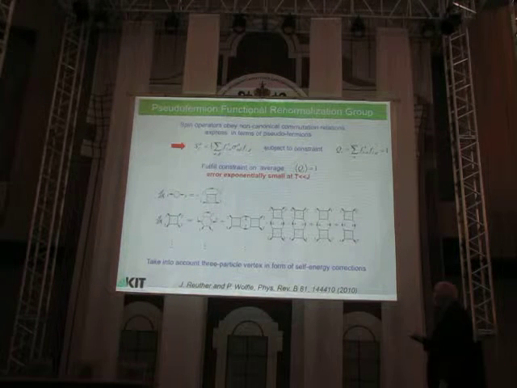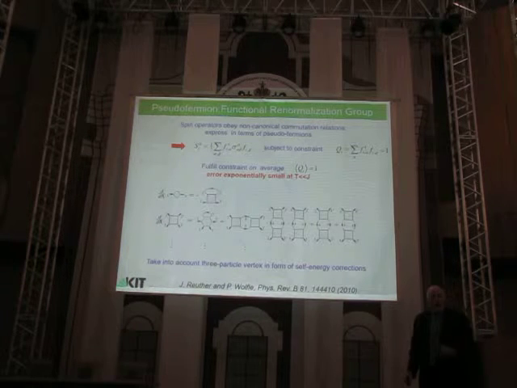So this will generate a hierarchy of equations, infinitely many equations. First equation is for the self-energy here. Next equation is for the usual vertex function. The next equation would be for this vertex here, and so on.